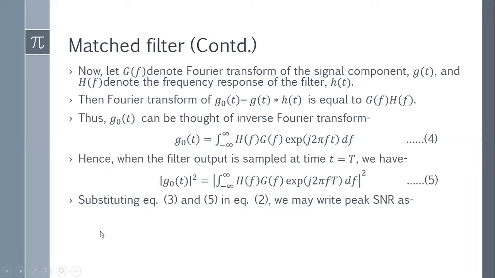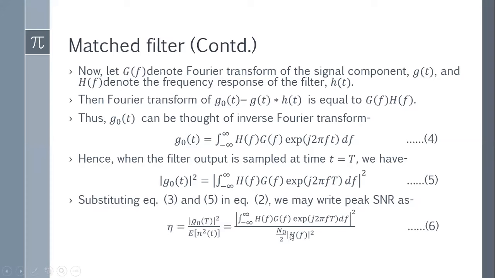So I can write the signal to noise power ratio in this form. I have the value of g0(T) whole square, and the noise power I have already got, N0 by 2 times the integral of |H(f)| whole square. So I can write it in this manner.